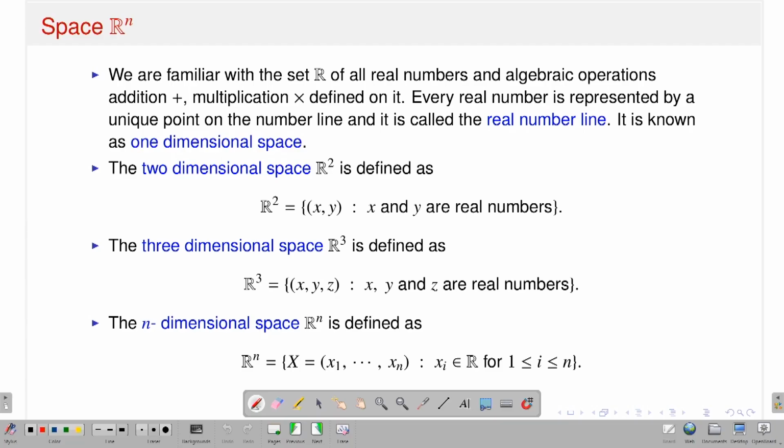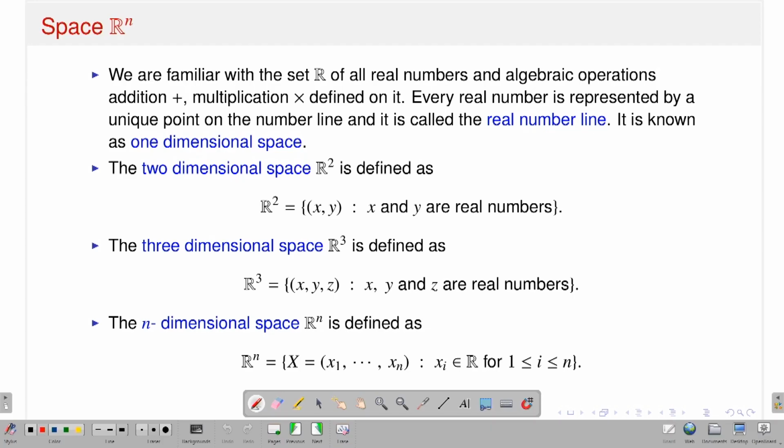Thus, Rn consists of all ordered n-tuples of real numbers x1, x2, up to xn, where the xi's are real numbers. The first coordinate is x1, the second is x2 and the nth is xn. This Rn is basically the product of R with itself n times, that is R cross R, n times.